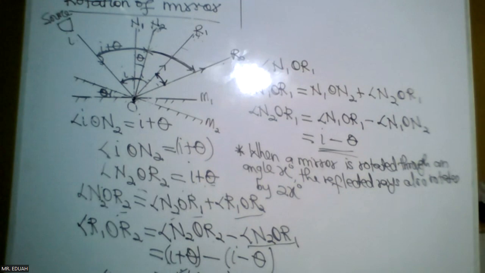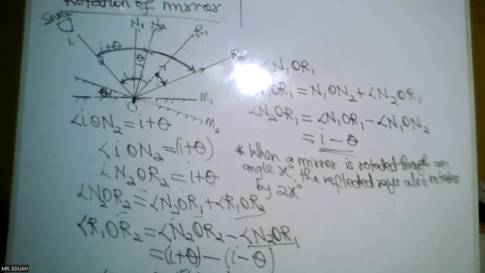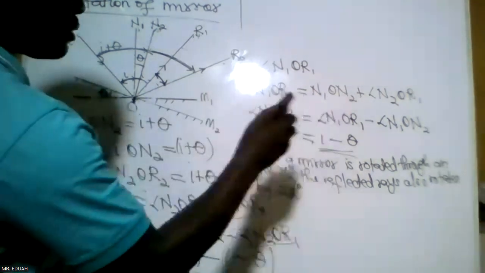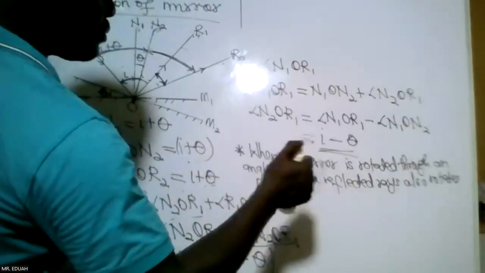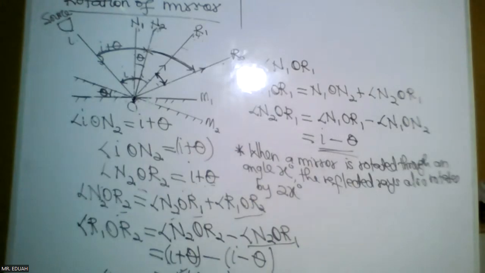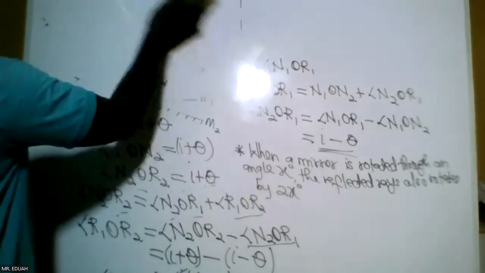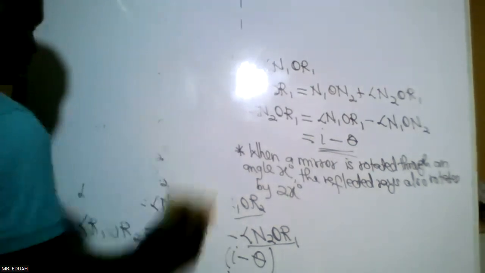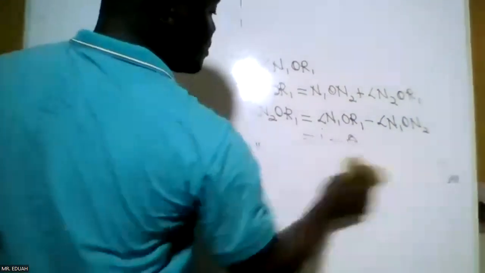Let's see how we can apply this. How is it applied in solving problems? Under this, we are not changing the source of the incident ray.